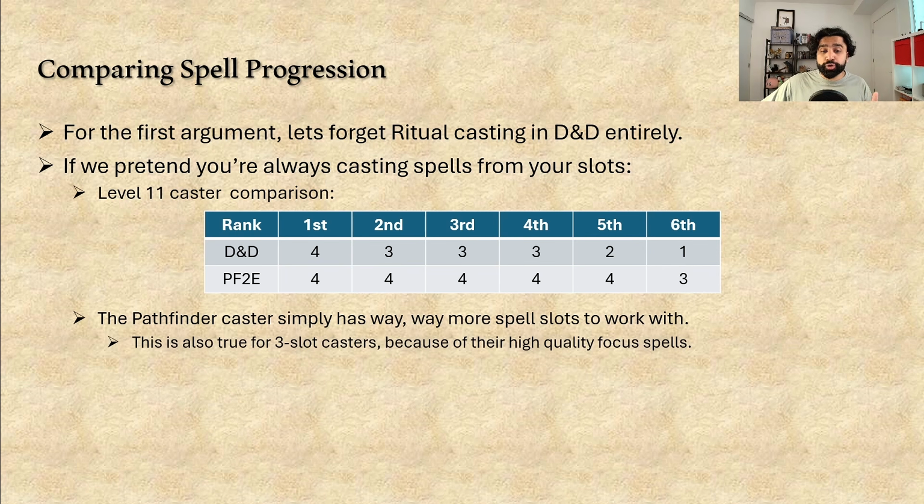This is also true of 3-slot casters, by the way. It might seem like I'm cherry-picking by using a 4-slot caster in Pathfinder, but not considering 3-slot casters, but it still works out. Because typically speaking, 3-slot casters have at least one feature that justifies them having fewer slots. Druids have focus spells so good that they feel like they're basically max rank slots, as I talked about in my Druid video linked above.